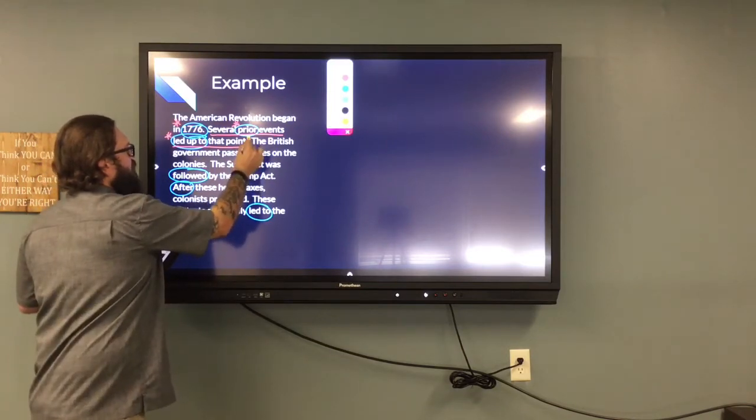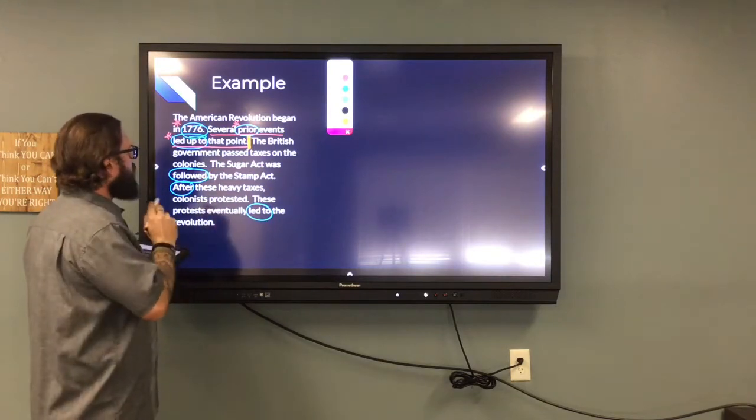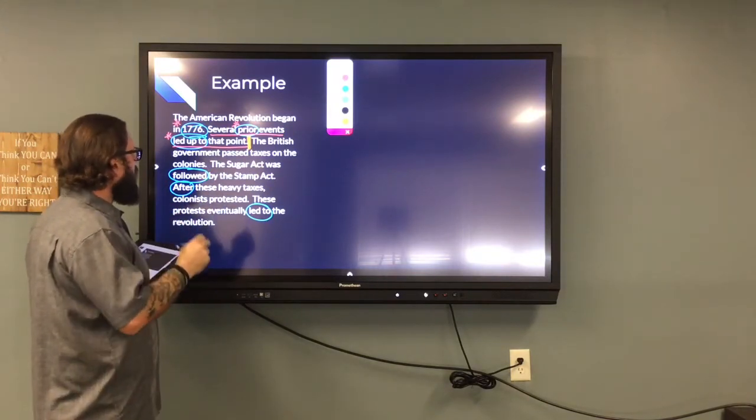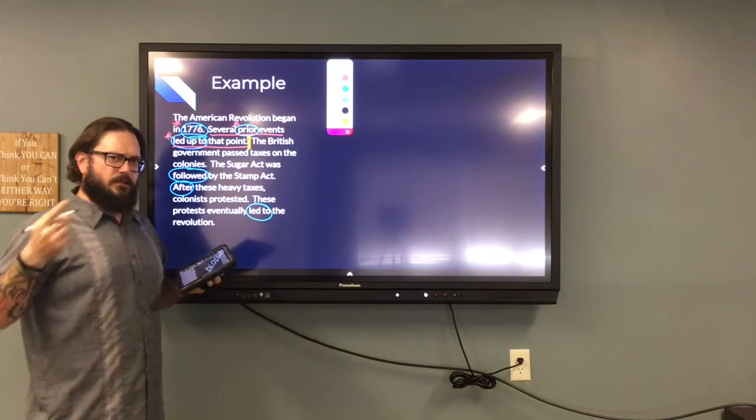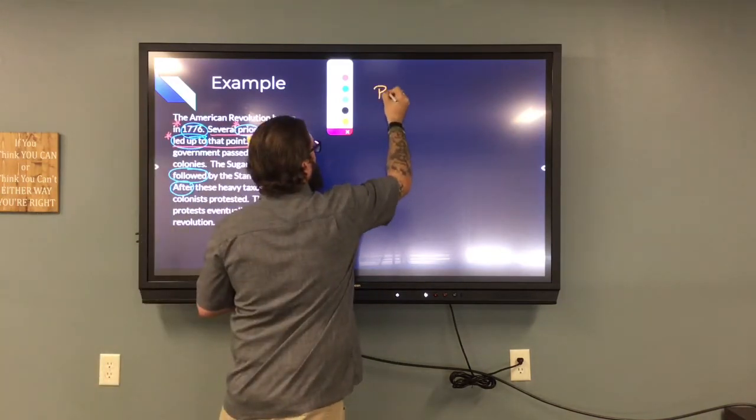We need to pay attention to everything after this sentence first. The British government passed taxes on the colonies. Okay, so we see the first thing that happened is that they passed taxes.